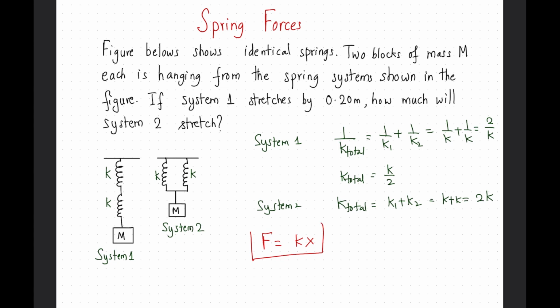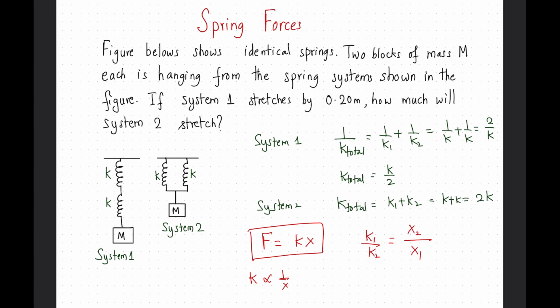And this equation clearly shows us that k is inversely proportional to x. So we can write k1 over k2 is equal to, now because it's inverse proportion, so be careful, k1 is up, so x1 will come down, k2 is down, so x2 will come up.